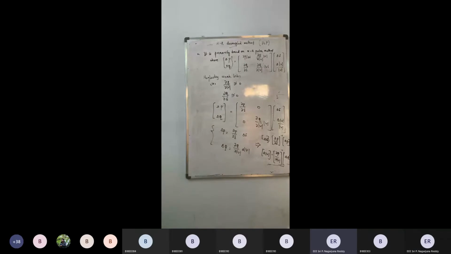See, these are the approximations which we have in case of Newton-Raphson decoupled.